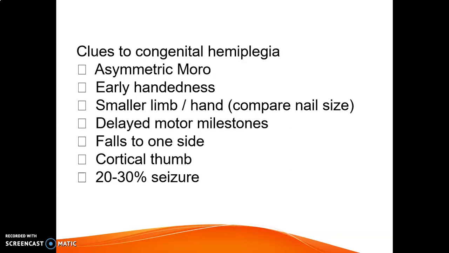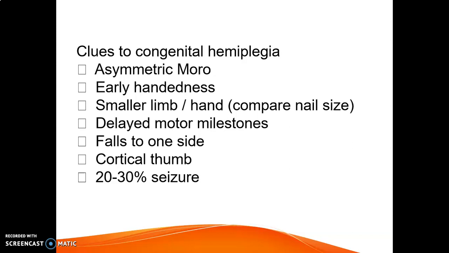Then, when the child is going into the early infancy stages and trying crawling, creeping, sitting and all activity, the child constantly falls to one side, because that side hand is not protecting the child. The child is not able to protect themselves. Cortical thumb is another sign.